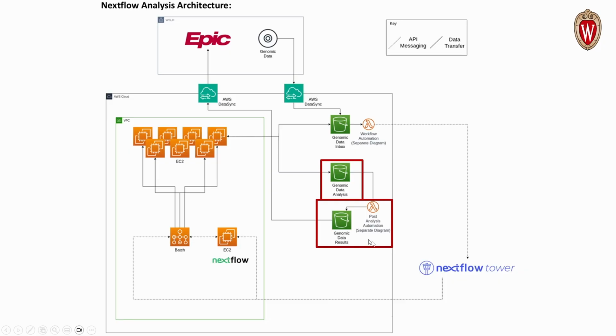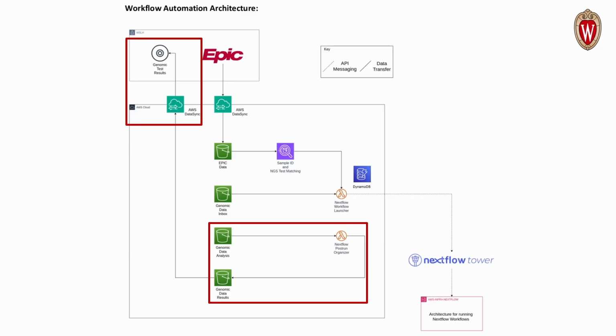And then we have our post-analysis automation, and that Lambda function will put any files we want to organize for long-term storage into our genomic data results bucket. And then we also have our DataSync task, which will take results from the genomic data analysis bucket and the genomic data results bucket and put them into on-premises storage.